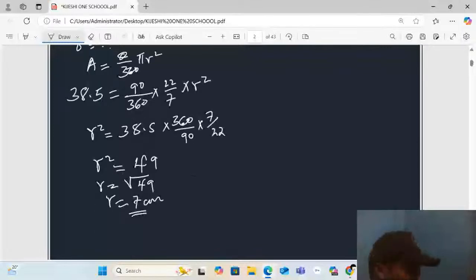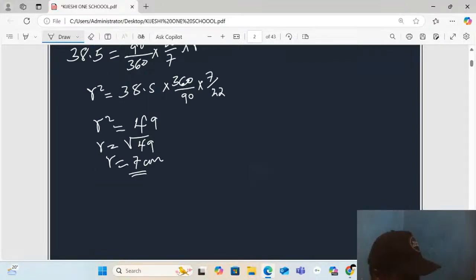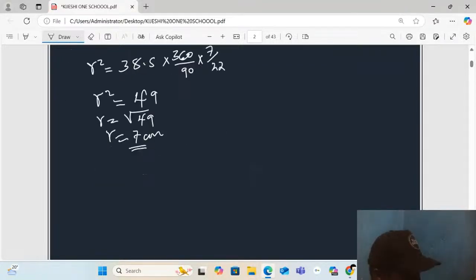Let's call it example 3. This was 2. Now let us look at example 3.